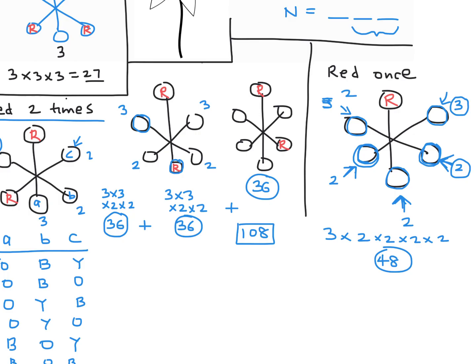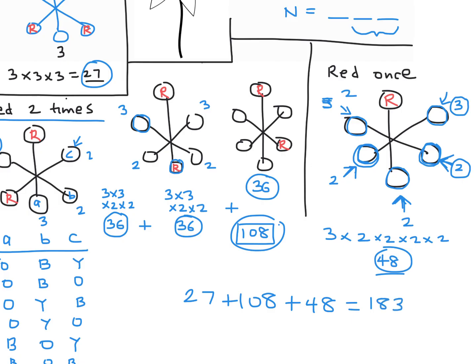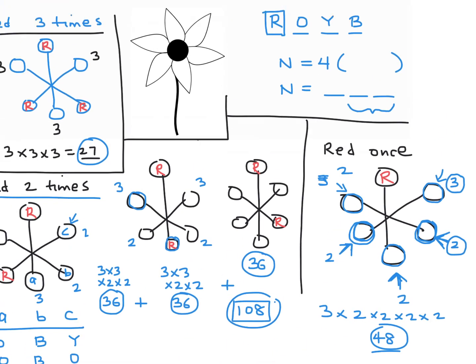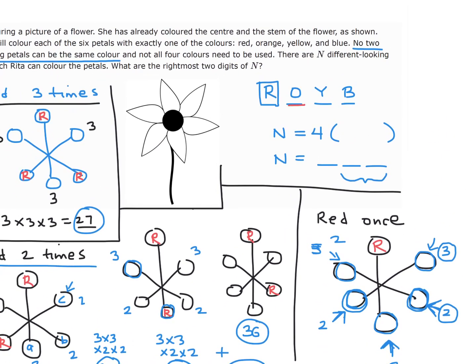All right. So we got that 27, this 108, and this 48. So that's 183. But keep in mind, this was our calculation for the red. You can go through all these scenarios with identical calculations for the other 4 colors: the orange, the yellow, and the blue.